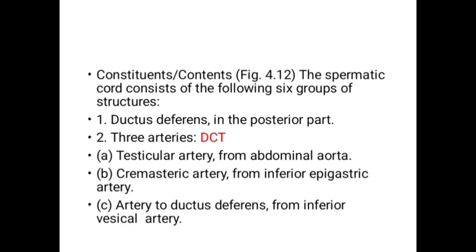Then the three arteries, which are the testicular artery, cremasteric artery, and artery of the ductus deferens. With the mnemonic DCT, we can remember these arteries: the artery of the ductus deferens from the inferior vesical artery, the cremasteric artery from the inferior epigastric artery, then the testicular artery from the abdominal aorta.